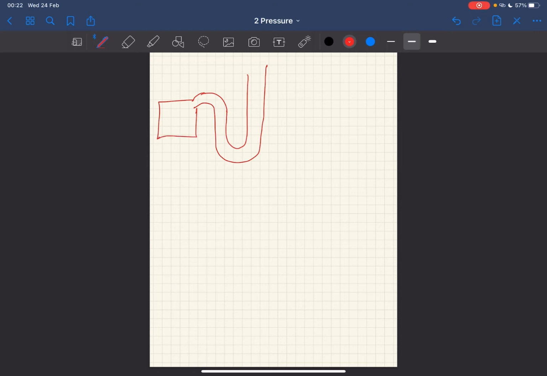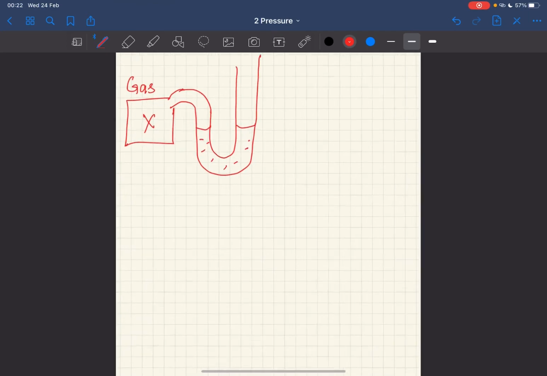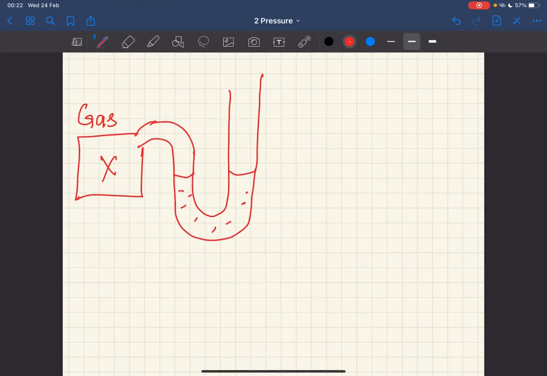This is gas X. And this is mercury. Based on this diagram, do you know what is the pressure of the gas? Can you tell me what is the pressure of the gas?